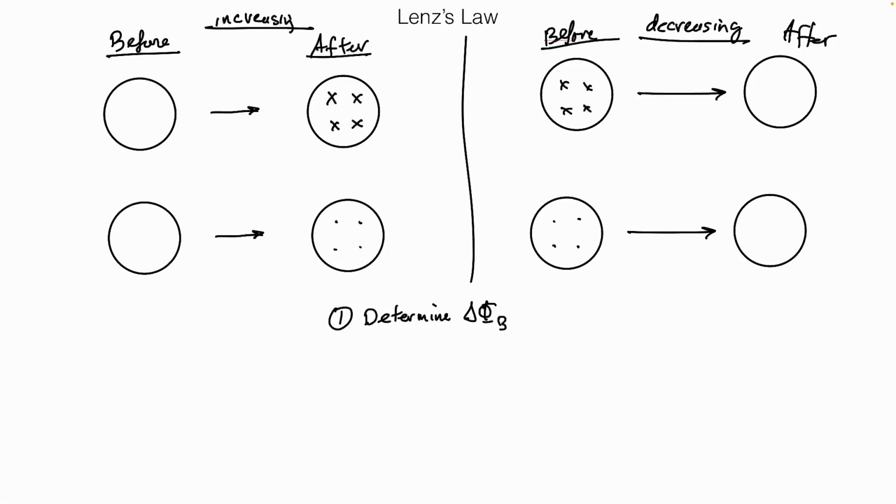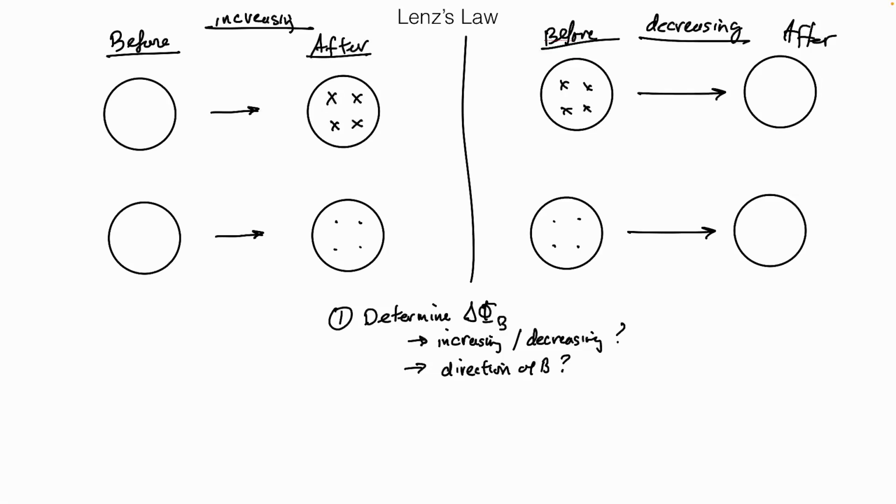Now, in this, you have to figure out, is it increasing or decreasing? And you need to be careful about the direction of the magnetic field. Those two things have to be identified, otherwise you're going to crash and burn really hard, okay?